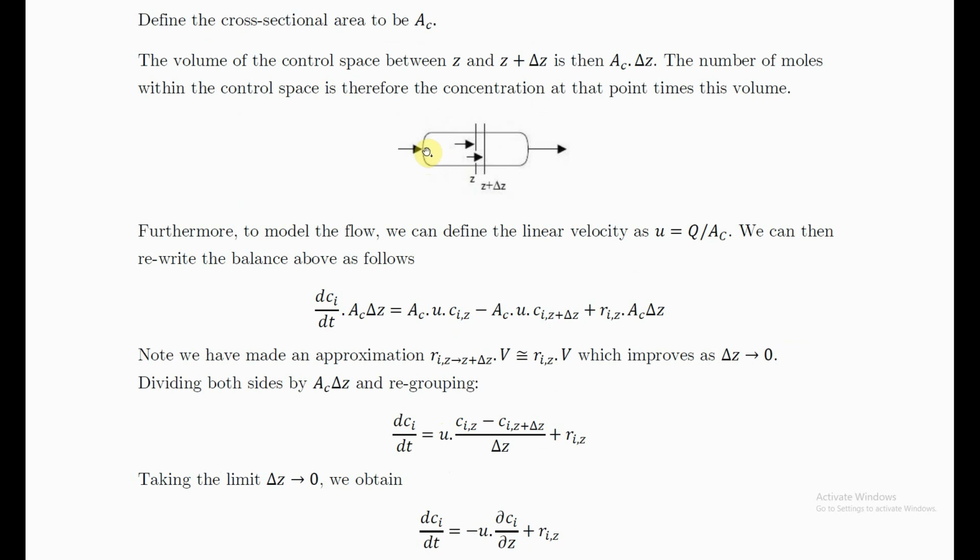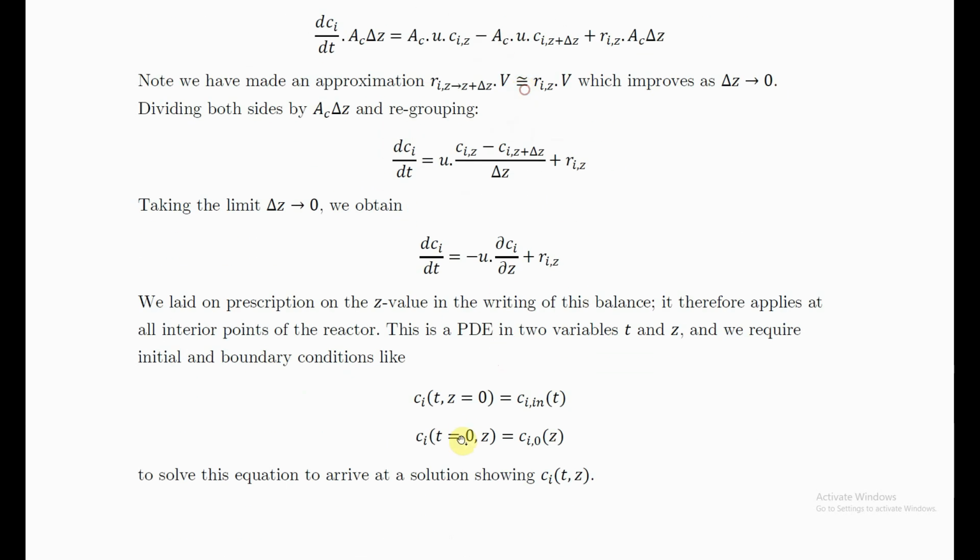If you think of it, you are feeding your stream here at a specific concentration, C in, and so it's the same fluid just inside and just before this point. So the concentration here is equal to the concentration there, which is C in. So we can say one boundary condition is for all time, specifically at Z equals 0, the concentration is nothing but the inlet concentration. Okay, so that's nice.